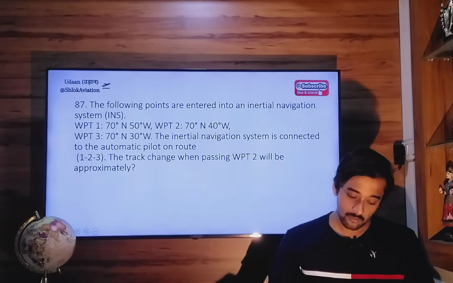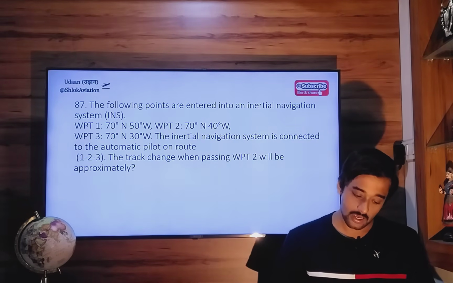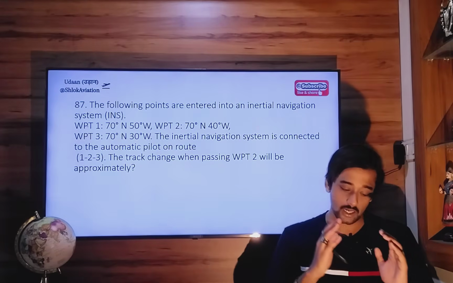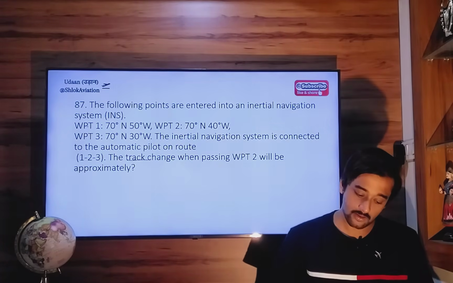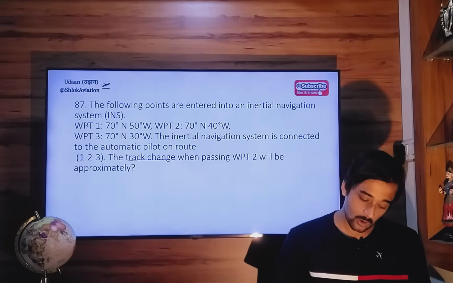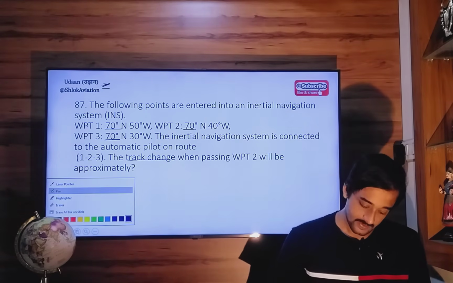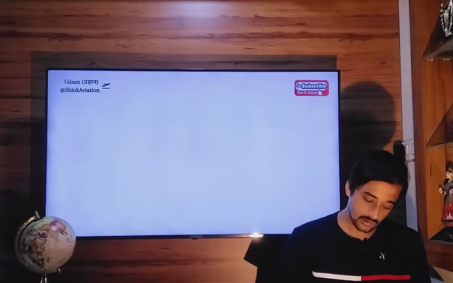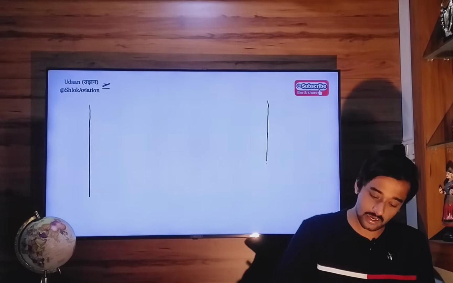87. The following points are entered into INS. Waypoint 1, 2, 3. You are flying from waypoint 1 towards waypoint 2 towards waypoint 3. What will happen to your track when you pass waypoint number 2? All the positions are at the same latitude, 70° north.